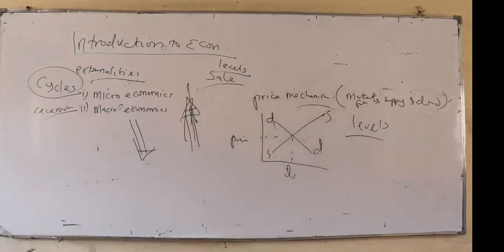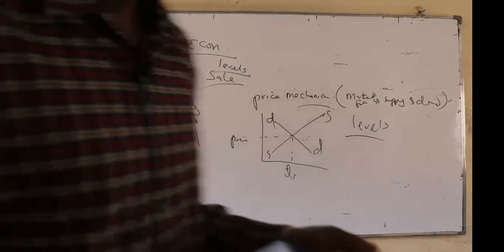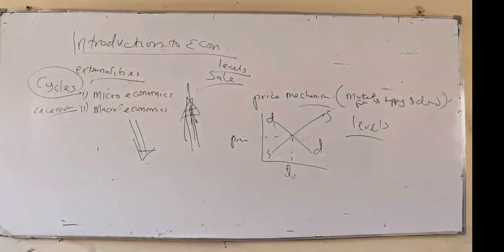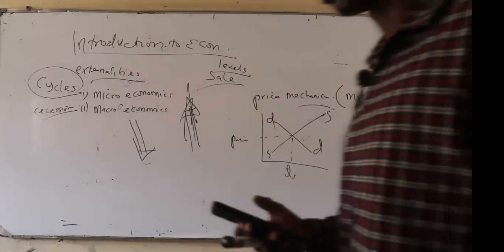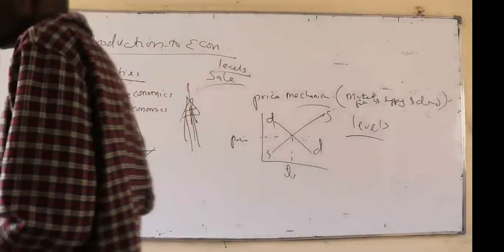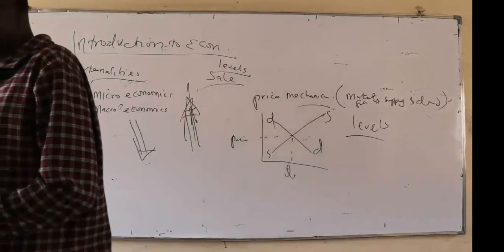During depression, there is high unemployment. So remember why there's a high level of unemployment? Simply because firms are not operating and the economy is not doing well. And because of that, people lose jobs.